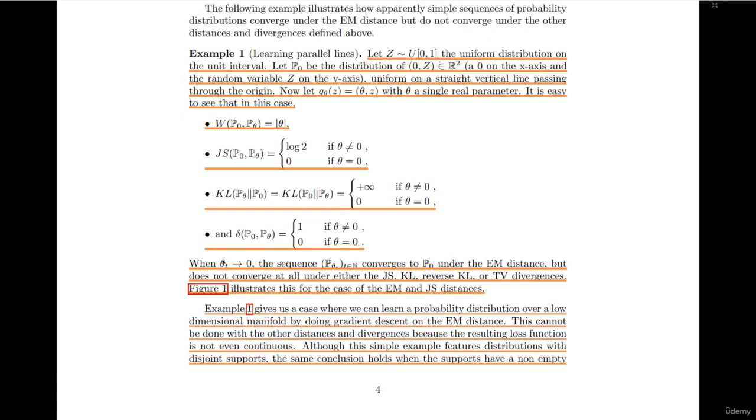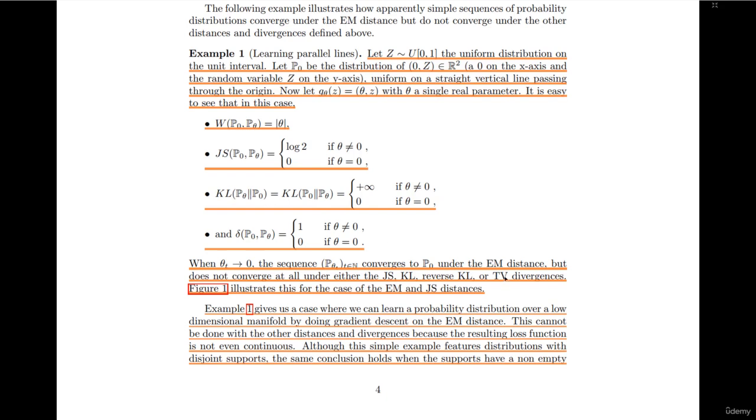So from this, we see clearly that when theta is tending towards 0, the sequence P theta converges to P0 under the EM distance, as we could see right here, but doesn't converge at all under either the JS divergence or the KL divergence, or the reverse KL. This is actually the reverse KL. If this is the KL, for example, then this is its reverse.